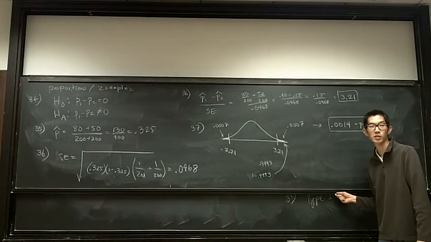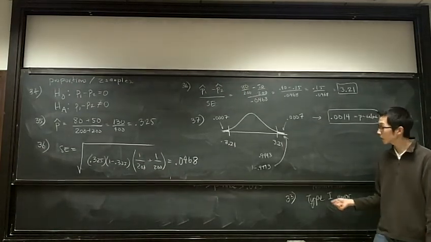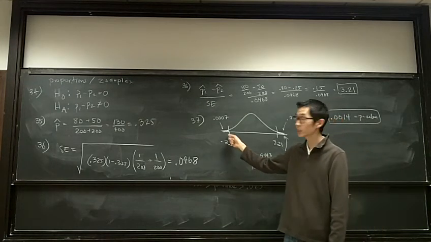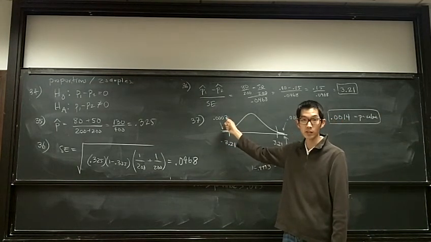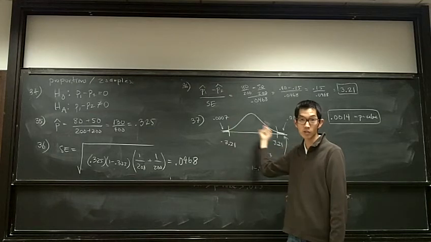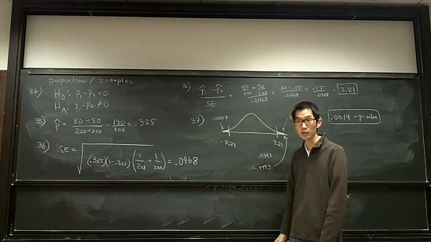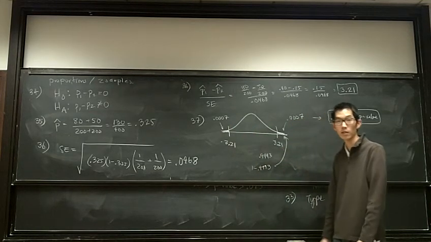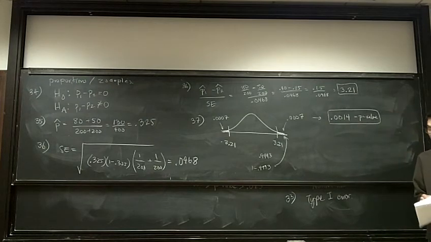You can also look up negative 3.21 and you'd have 0.0007 in this tail, and then you would just double it also. That's totally valid. Either way. Is that okay?